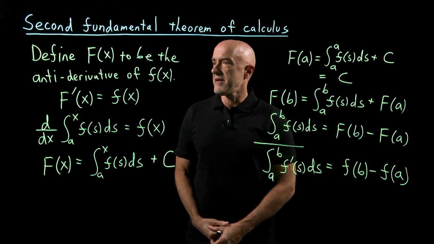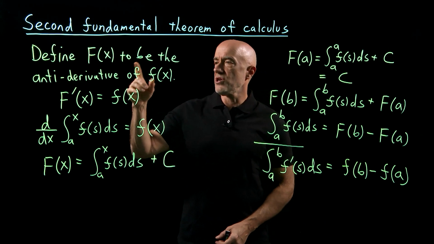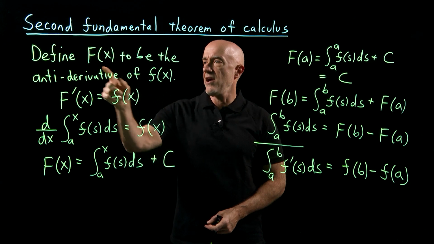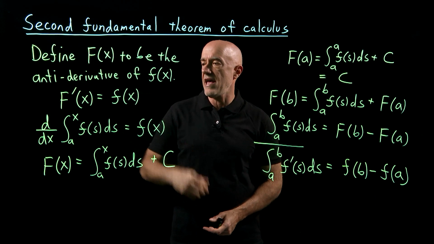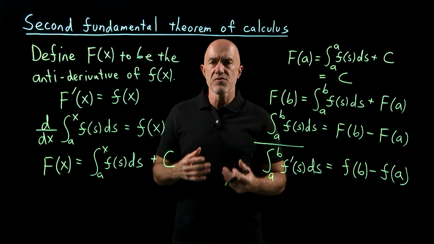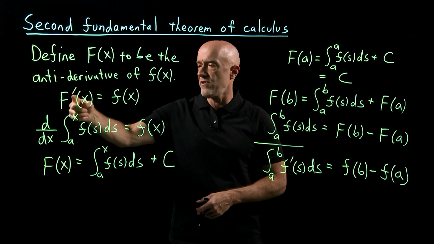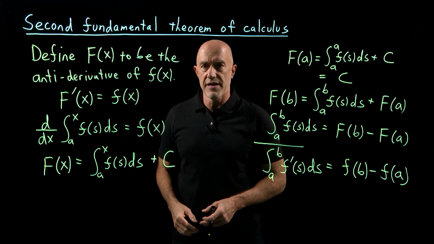So let me summarize. We're looking at antiderivatives of our function f of x. Here, initially, we call it a capital F of x. The antiderivative is such that the derivative of the antiderivative is the function, right?